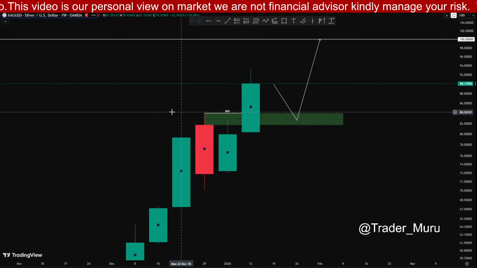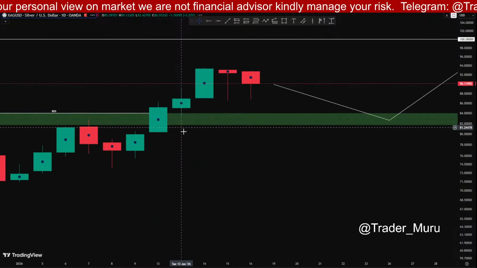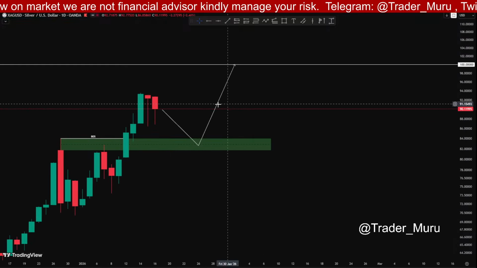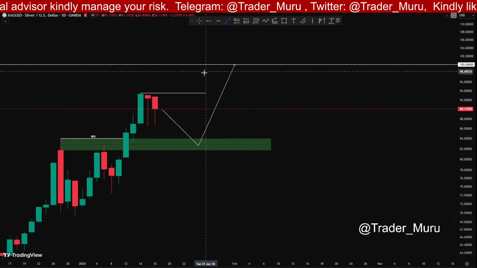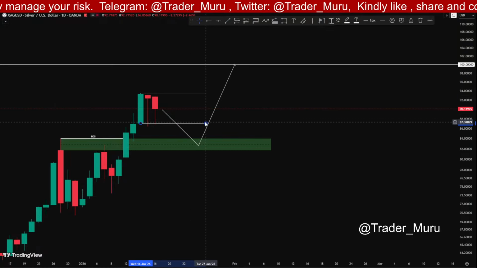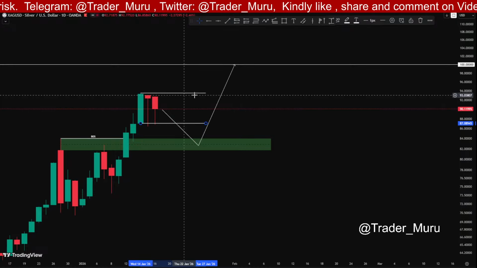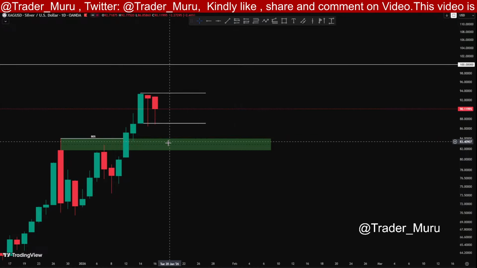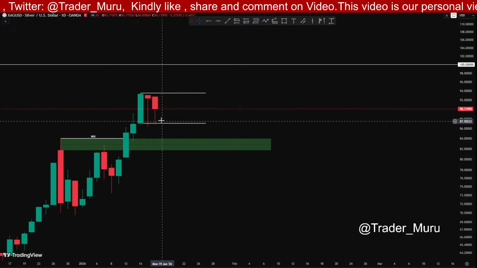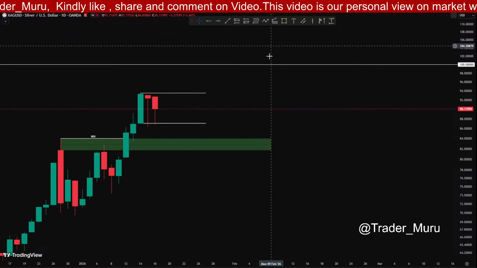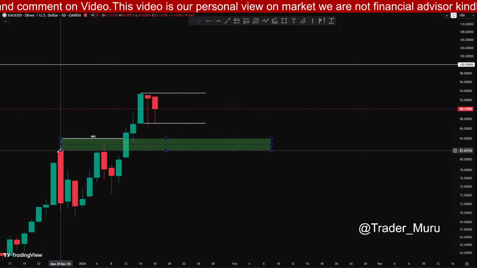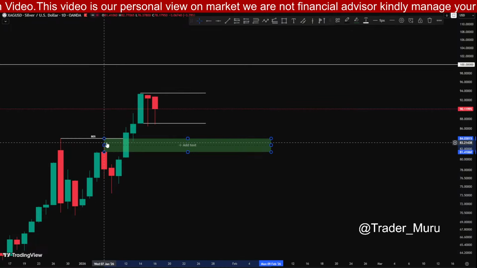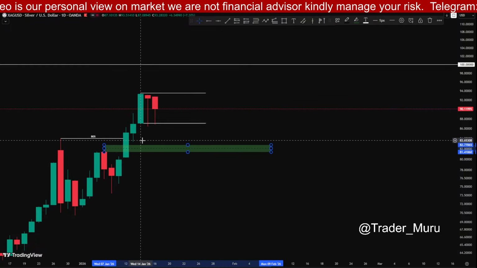Now let's see the daily time frame. In the daily time frame, same scenario. The last range is this one. Price is not breaking below and not breaking above. So once we have the main candle sweep here and test this zone, and whenever we have this kind of scenario, price mostly tests these zones which are pending here.